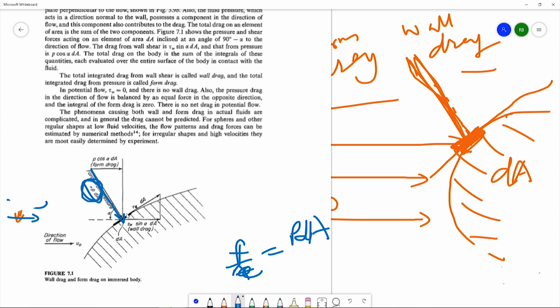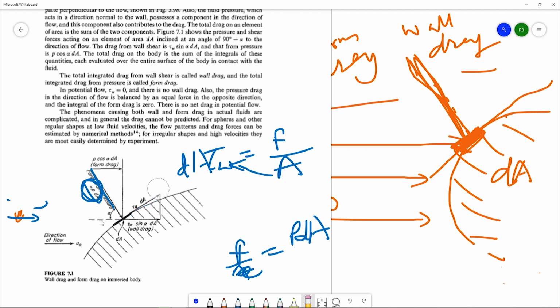Shear stress always acts parallel to the surface and perpendicular to the normal direction, right? So this is the shear stress direction. Again, shear stress is defined as force per unit area, so it has the same units as pressure. To calculate the shear force, you have to multiply it by area. So the force due to the shear will be tau dA.